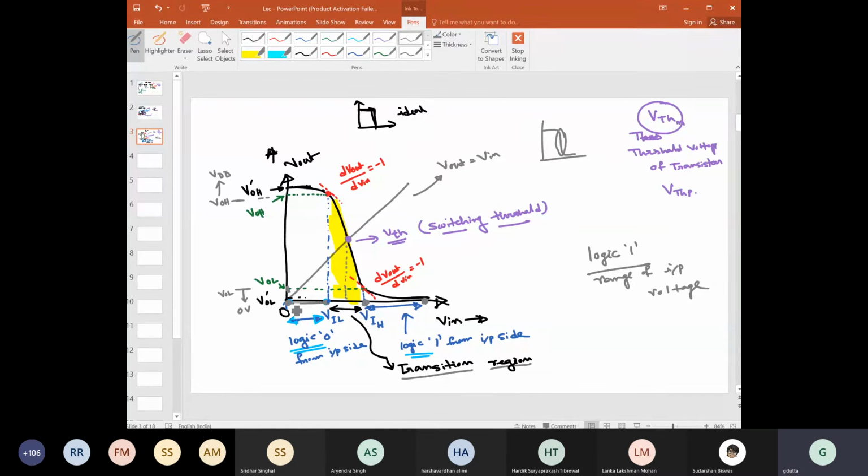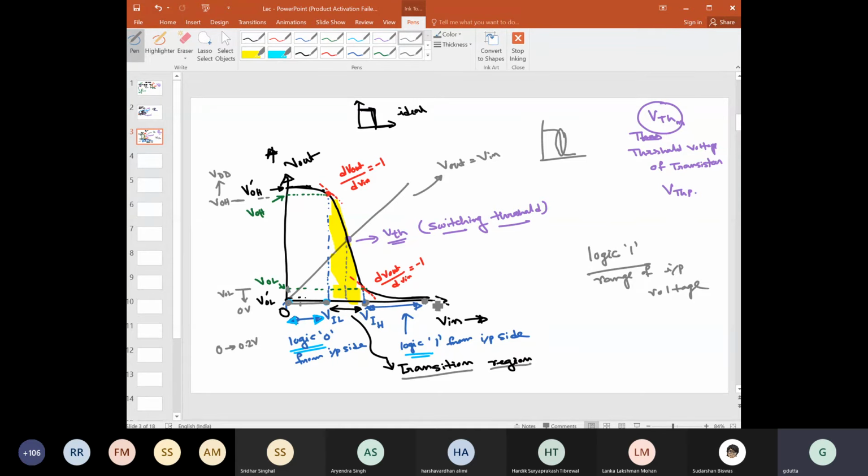Suppose you have given 0 volt, but due to noise it has become 0.2 volt. You are operating here instead of at 0, but due to the nature of the VTC of this inverter, the gate will still consider this disturbed value of 0.2 volt as logic 0.